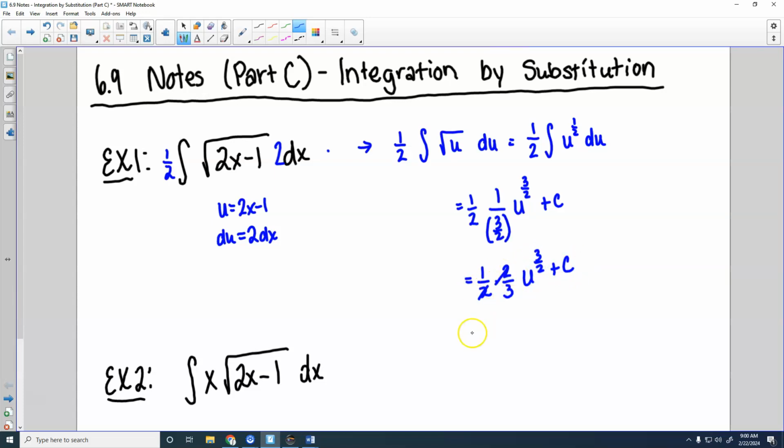Those 2's right there cancel. We're going to get 1/3 u to the 3/2 plus c, and that is 1/3 2x minus 1 to the 3/2 plus c.